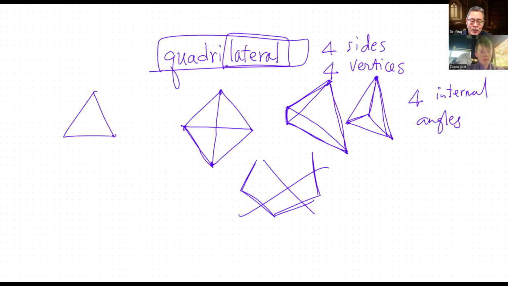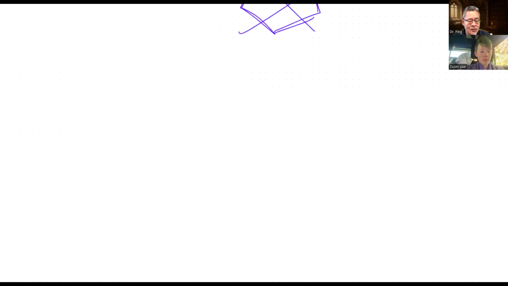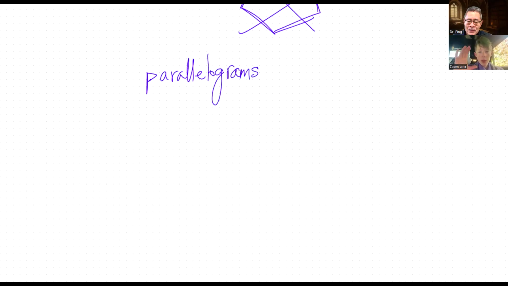Okay, given that, we're looking at some specific quadrilaterals. The first one we call a parallelogram. So what is a parallelogram in your words? Isn't it a shape where both sides are the same, where they could be split in half and it's mirrored?